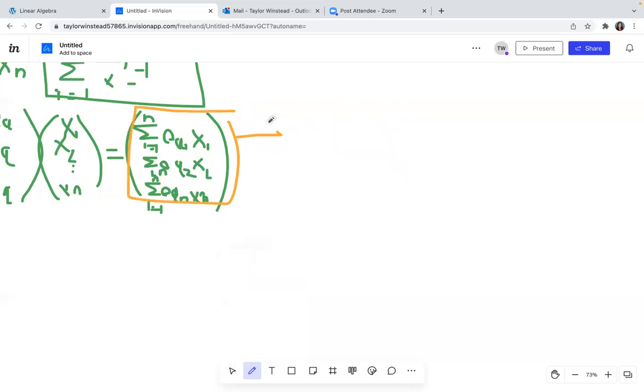Now, if we've got the sigma sum, we can pull out the EQ1, EQ2, EQn factors, and the reason why is because the sigma sum applies to both of them, so we can pull one out.